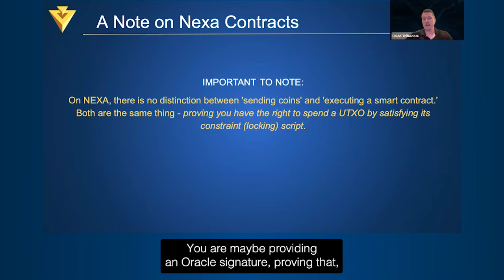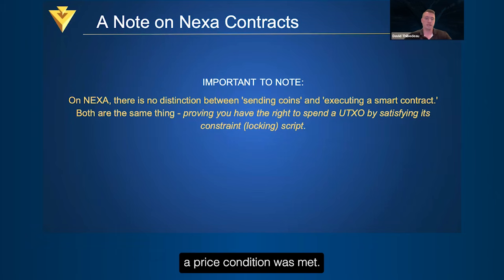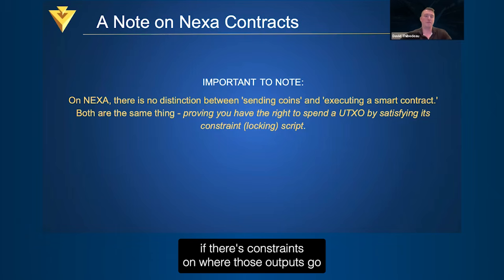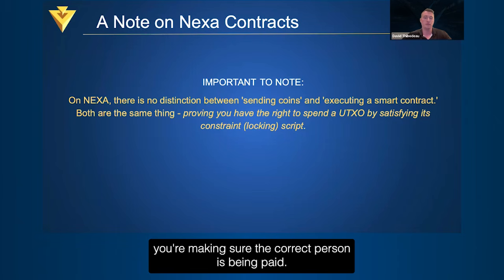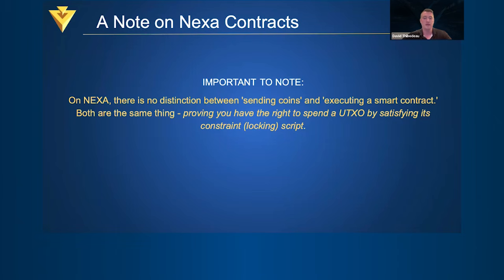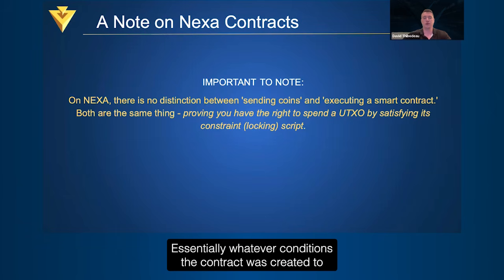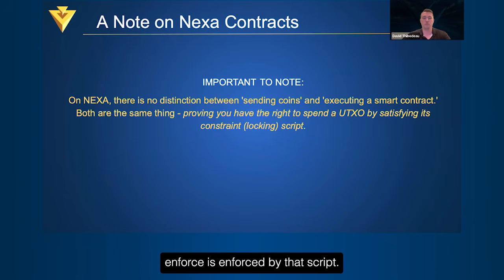You are maybe providing an Oracle signature, proving that a price condition was met. Maybe if there's constraints on where those outputs go, you're making sure the correct person is being paid. Essentially, whatever conditions the contract was created to enforce is enforced by that script.